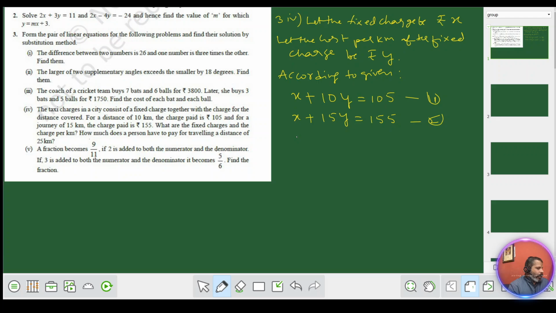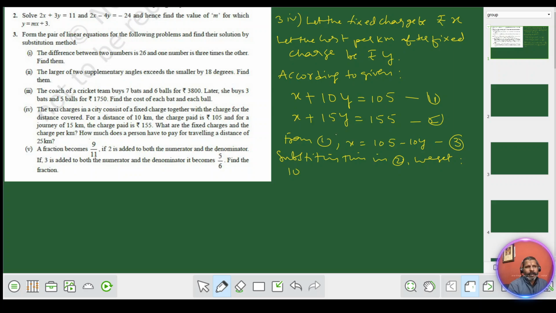Now you substitute. X equal to, I'll make out from 1, X equal to 105 minus 10Y. Again I'm telling, this is not a hard and fast rule. Whichever you're comfortable with, you solve that and then substitute in the other one. So substituting this in 2, we get what? X is 105 minus 10Y, right?